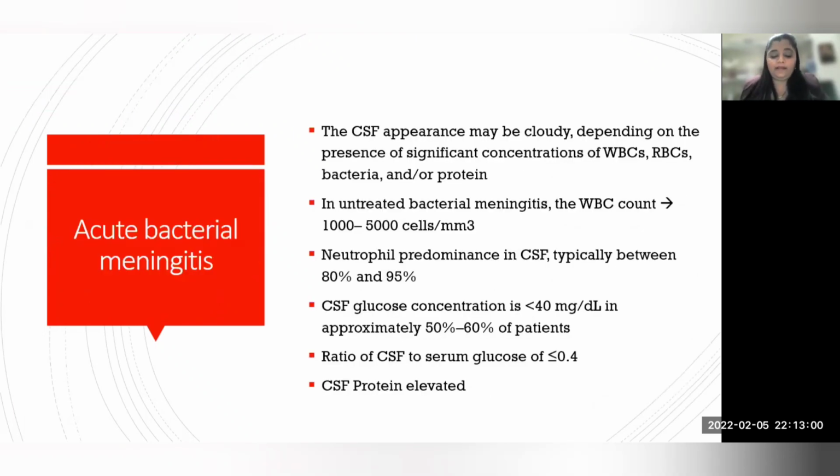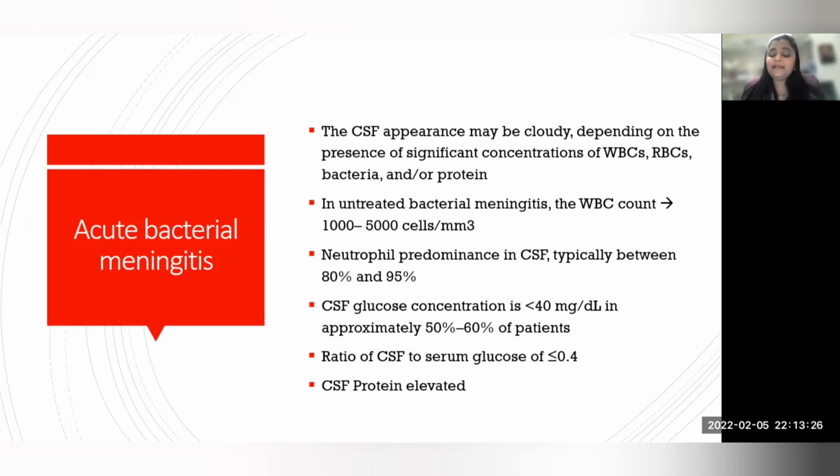In acute bacterial meningitis, what are the clues? The CSF may appear cloudy depending on the presence of a significant concentration of WBC, bacteria or protein. In untreated bacterial meningitis, the WBC count will be quite high, 1,000 to 5,000 cells, with neutrophilic predominance, typically 80 to 95%.